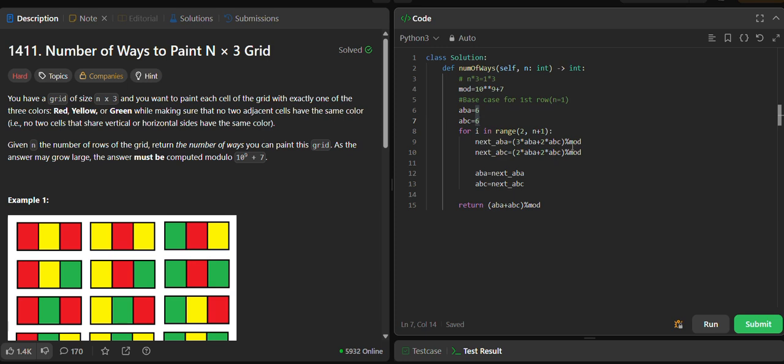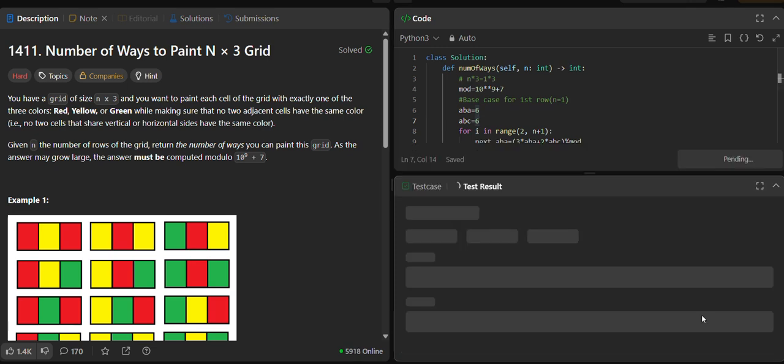Now we will calculate next ABA as per the rule we just discussed, 3 into ABA plus 2 into ABC, and next ABC will be 2 into ABA plus 2 into ABC, and then we will use the mod operator for both cases. Now we will restore ABA as next ABA and ABC as next ABC, and finally we will return the total number of ways as ABA plus ABC, with the modulo operator.